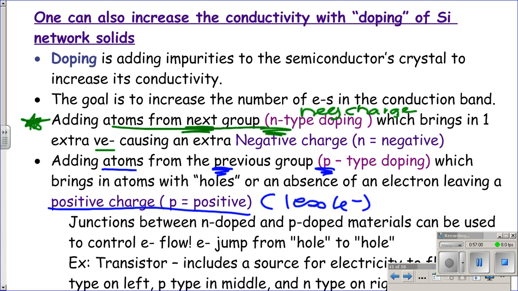Your best bet is to have silicon with both P-type and N-type doping, because that allows a flow of electrons that's much more readily available than just one or the other. If you can increase the number of electrons flowing and the spots they want to flow to, then you've got a good conductor.